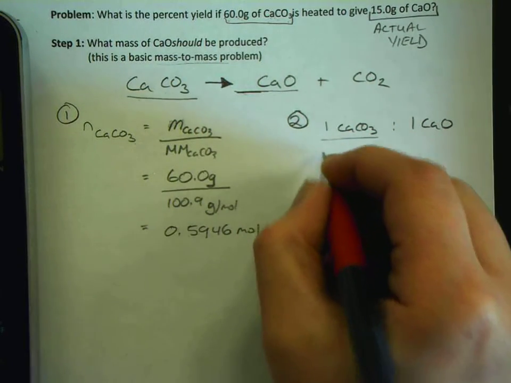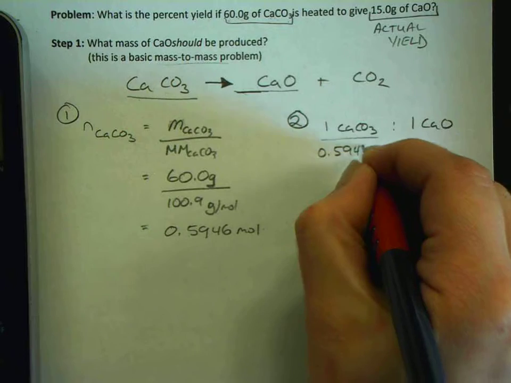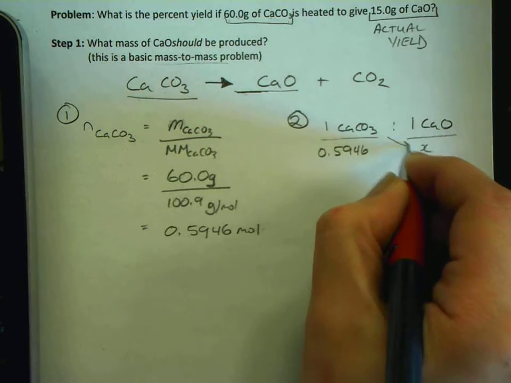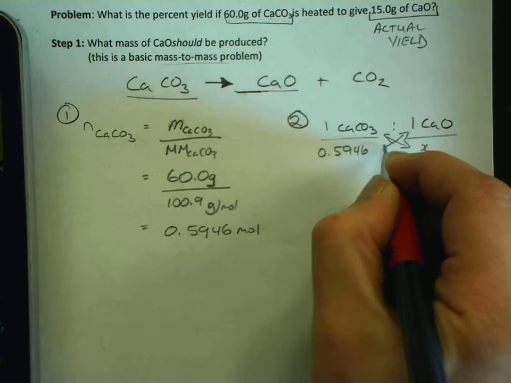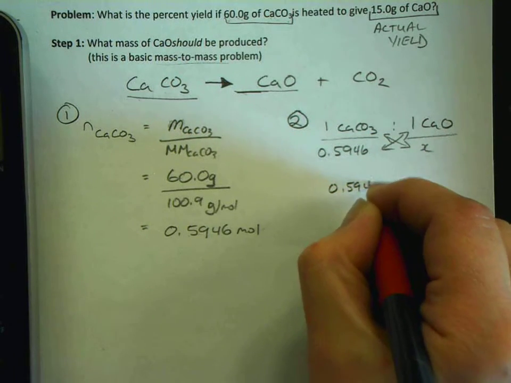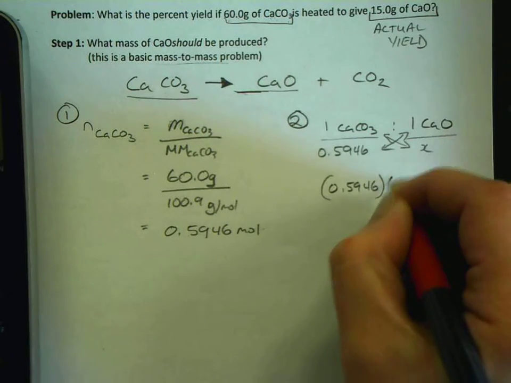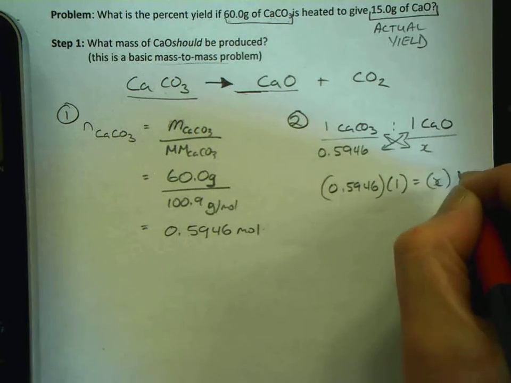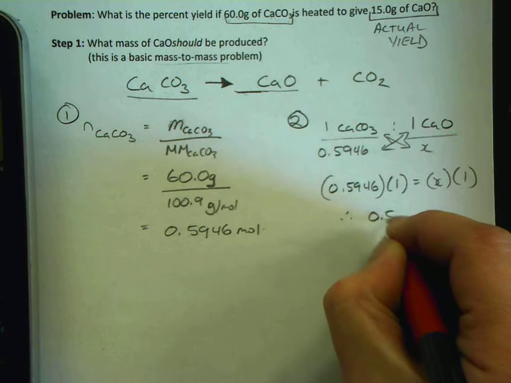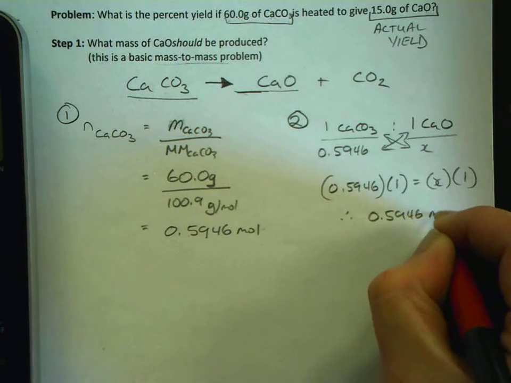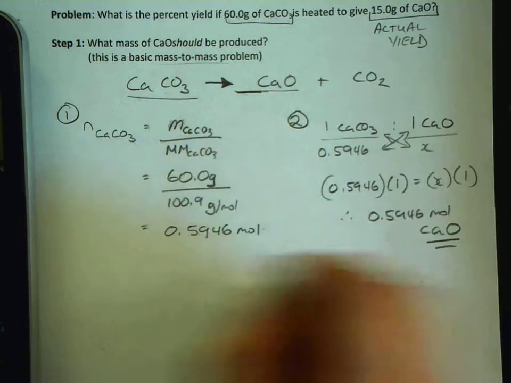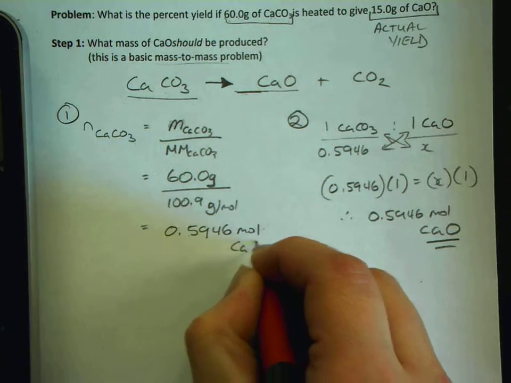So I'm looking for 0.5946, and this is going to be x. I cross multiply. I get 0.5946 times 1 is equal to x times 1. Therefore, we have 0.5946 moles of calcium oxide, whereas before we had moles of calcium carbonate.